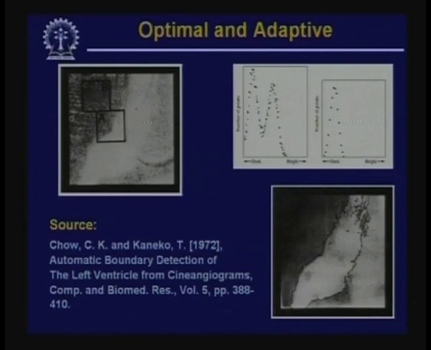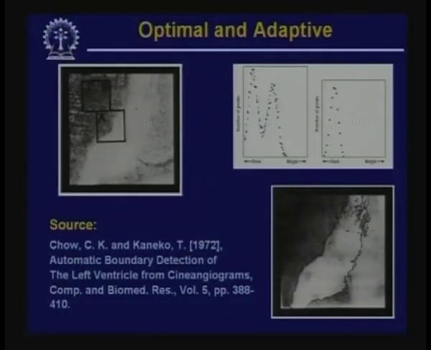You find that the image given here is very complex, and though we can somehow figure out that there is a boundary somewhere here, it is not very clear. So, the approach taken is that this image was divided into a number of sub images. For every sub image, the optimal threshold was estimated, and then the thresholding was done.